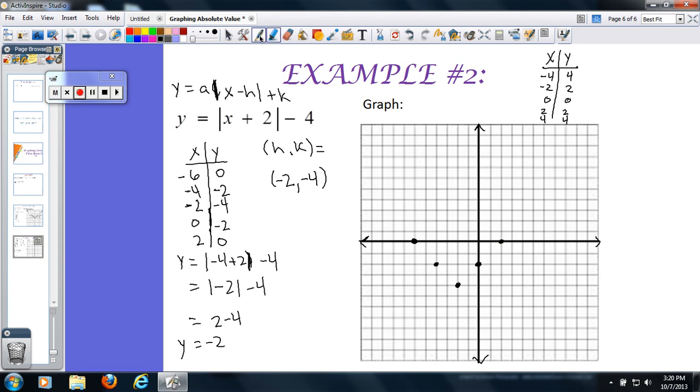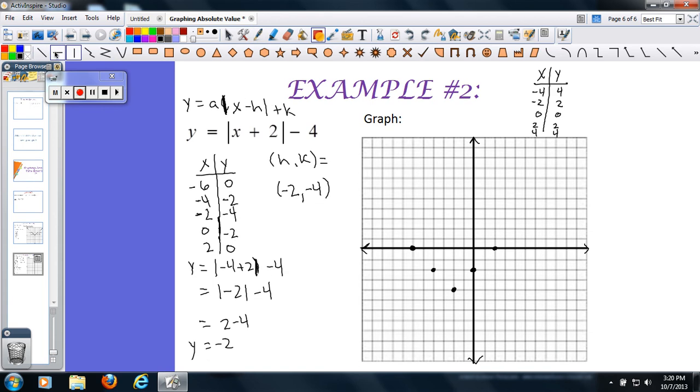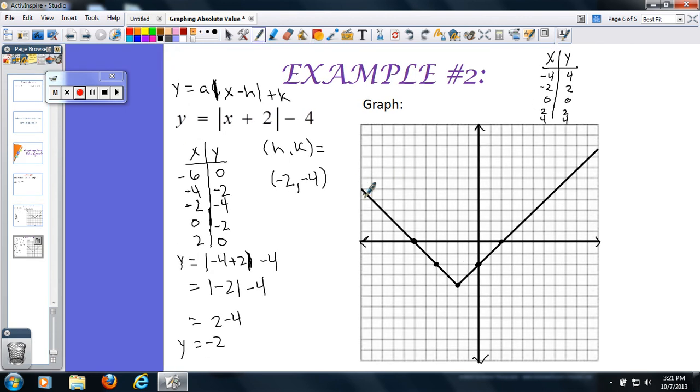And you guys notice that I now have a very similar graph to what I had originally. It's just shifted down 4 and shifted to the left 2. And here would be the equation of our graph.